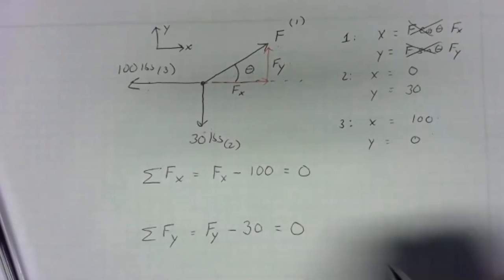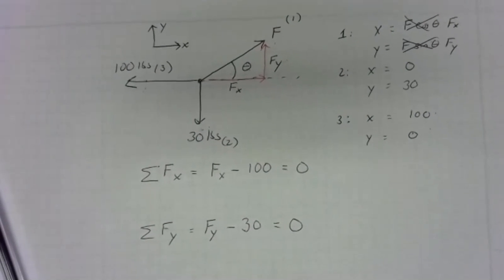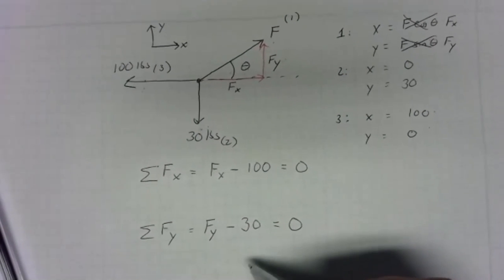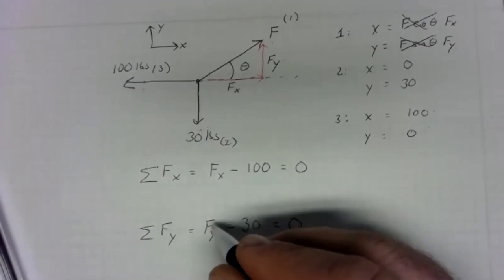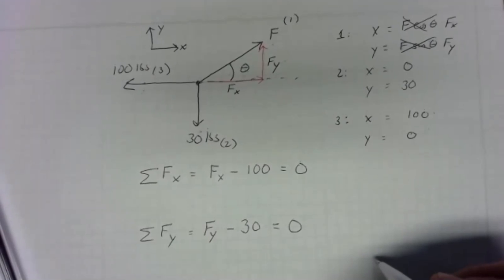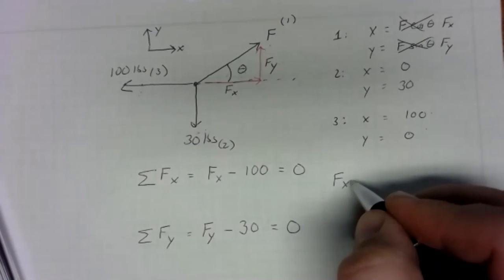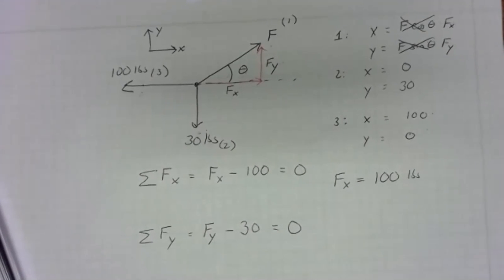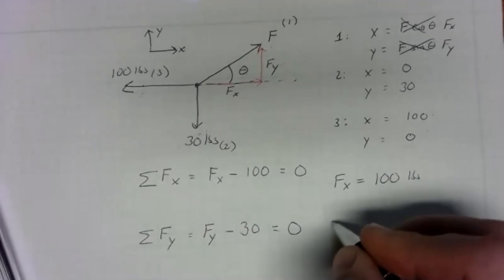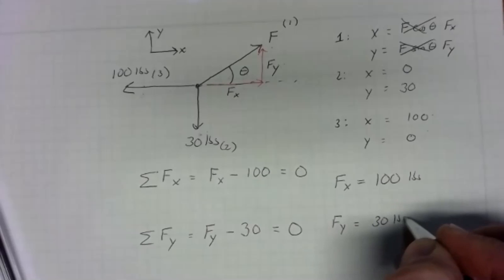If this is in equilibrium, which is what we want it to be, then the sums must be 0. That gives us 2 equations we can solve. Fx minus 100 equals 0, and Fy minus 30 equals 0. Both of those are relatively straightforward equations to solve, and hopefully it's not too difficult for you to see that Fx must be 100 pounds, and Fy must be 30 pounds.